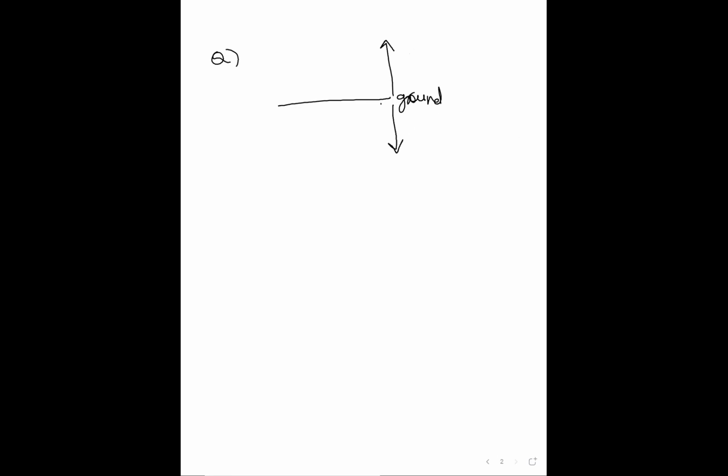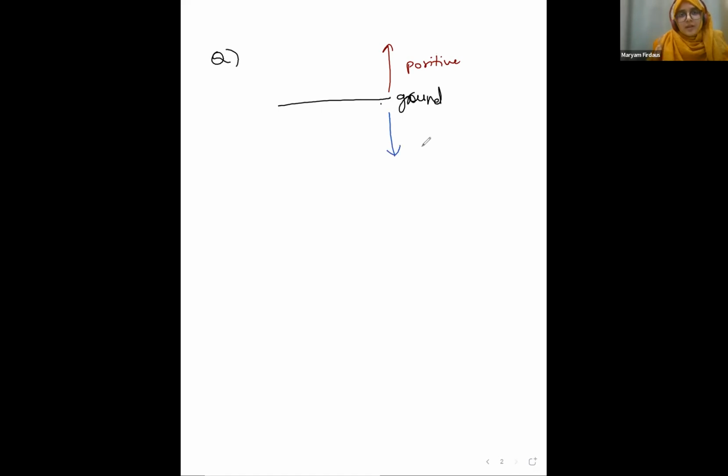Positive. And below the ground it is negative. So above the ground is positive, below the ground is negative. What will the ground itself be?